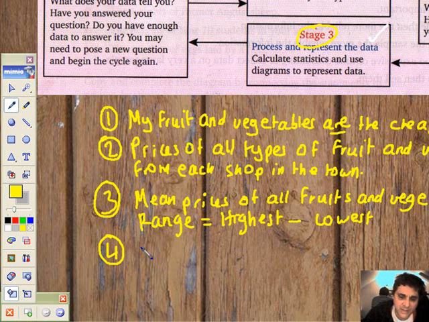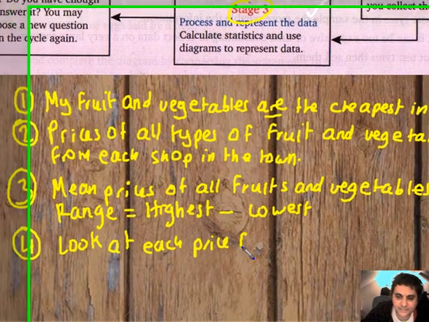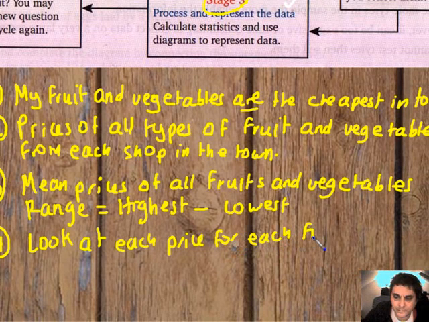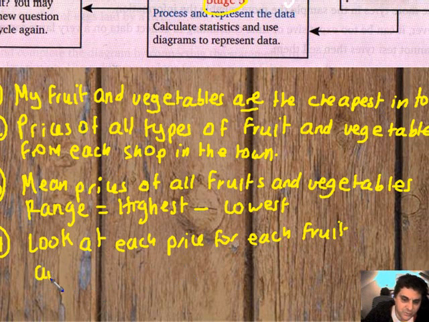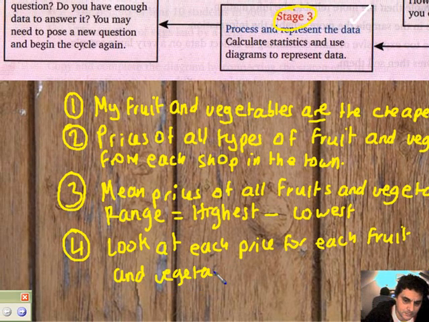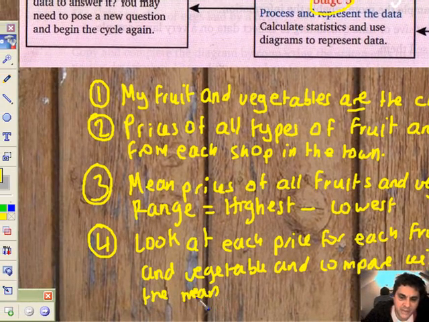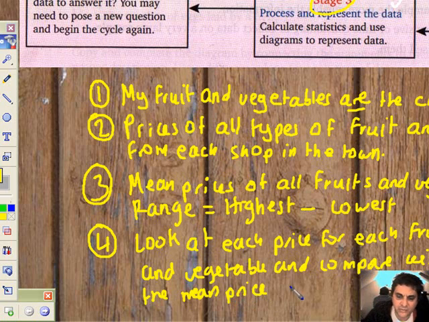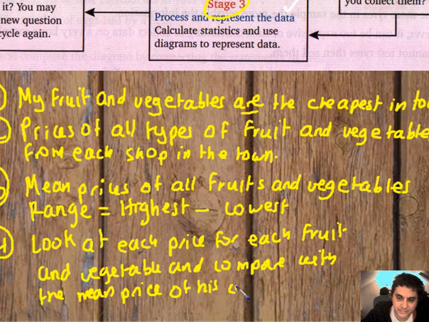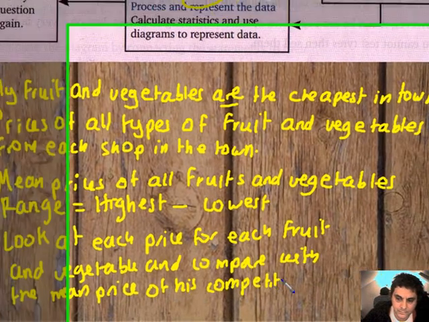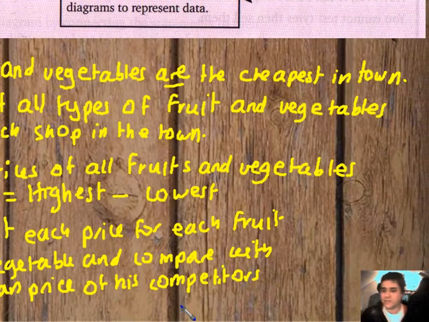Well, he needs to look at each price for each fruit and vegetable, and compare with the mean, there's meant to be an E there, the mean prices, or the mean price of his competitors. I think that's how you spell competitors. Goes in competition. Yeah, that's alright.